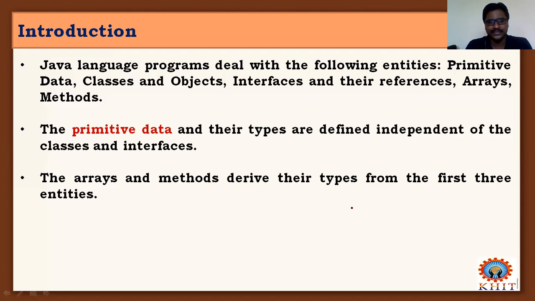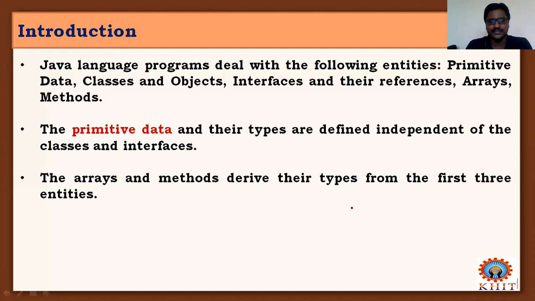And methods of the classes, member functions, or different types of methods we can create and consider for applying operations on data. Primitive data and their types are defined independent of the classes and interfaces, because primitive data is related to built-in data types, whereas classes and interfaces are like user-defined data types.